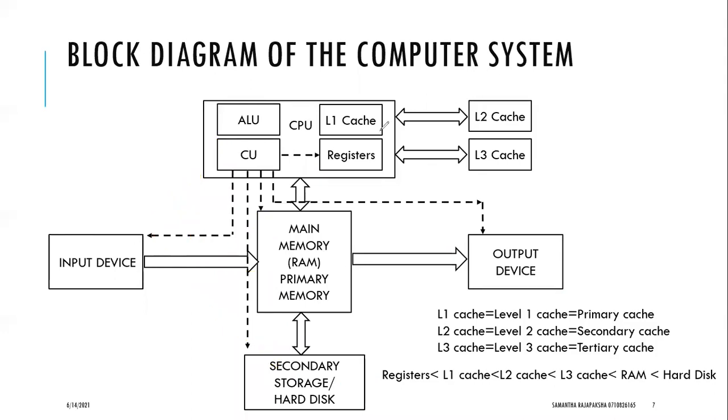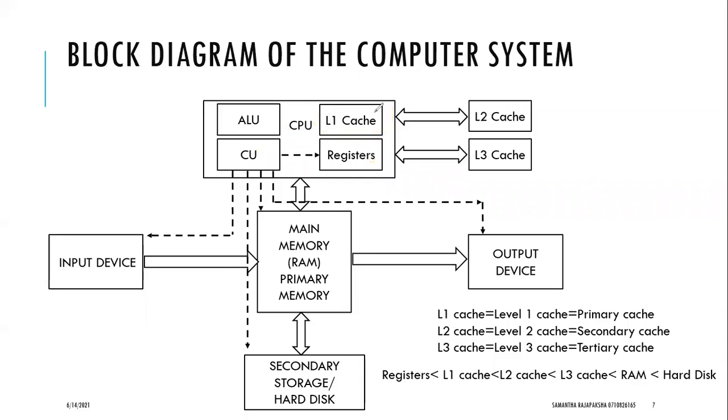If you could keep all the data in the registers, you could complete the execution very quickly. But you can't keep all the data in the registers because they are too small. So whatever data is used by the CPU again and again, or used most frequently, will go to the level 1 cache, and from there the CPU can get the data for processing.